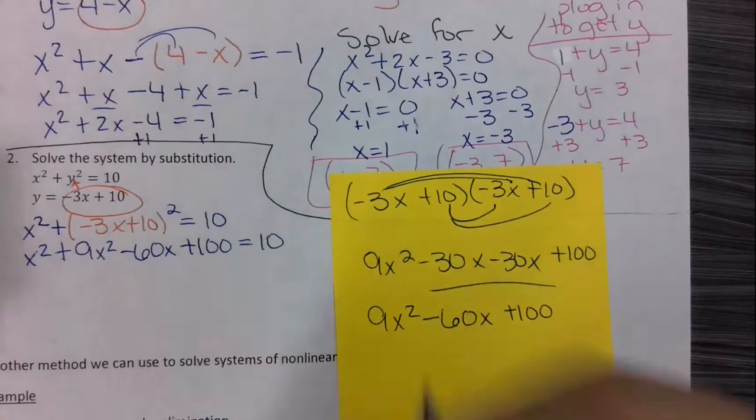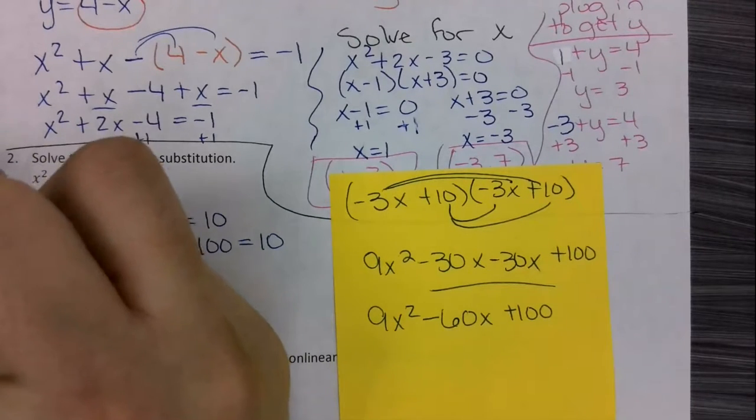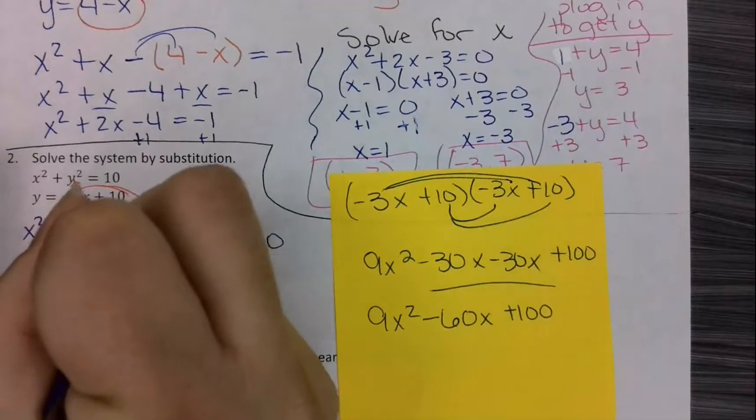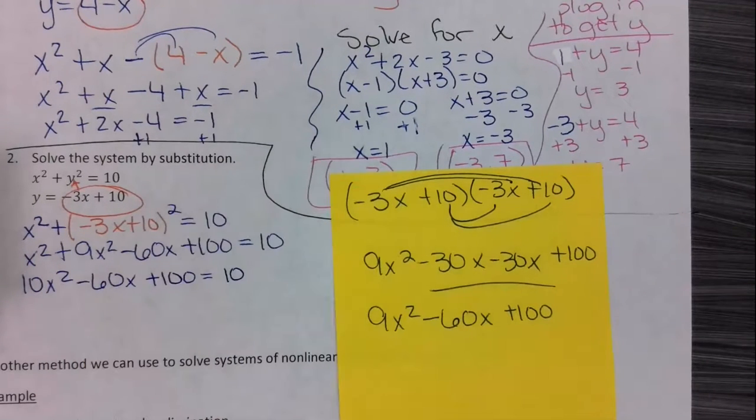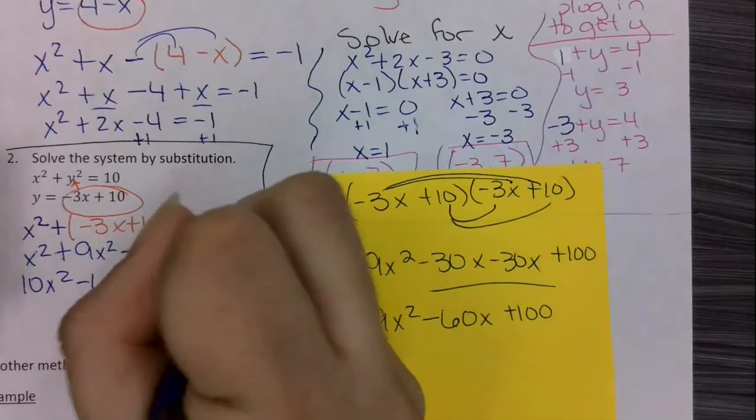Okay. So I have 10x squared minus 60x plus 100 equals 10. Okay, subtract the 10.